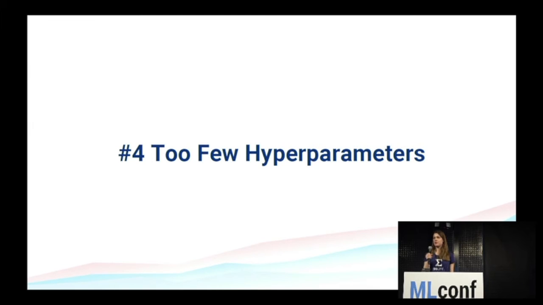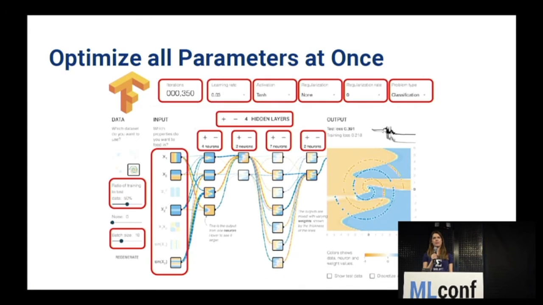So one of the large issues in hyperparameter optimization is over-constraining the parameter space. And this is an image that should be familiar to people who have played around with deep learning before. It's from playground.tensorflow.org, Google's in-browser deep neural network. And as Karina was talking about earlier, there's a lot of hyperparameters in deep neural networks.